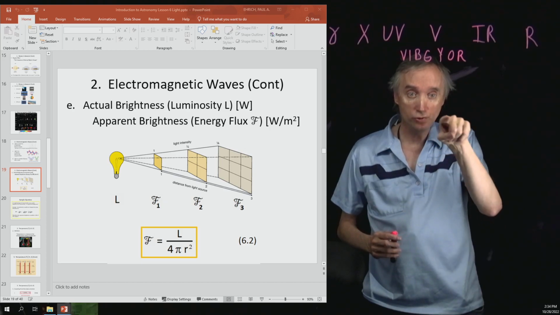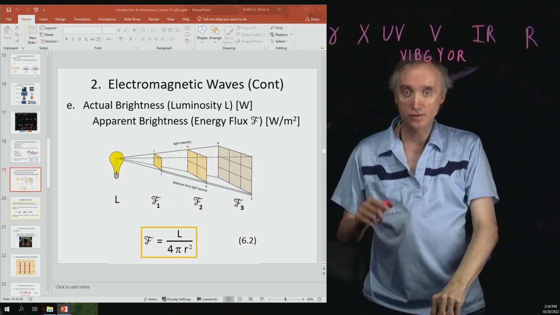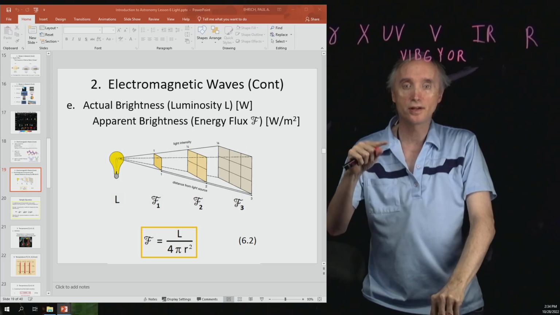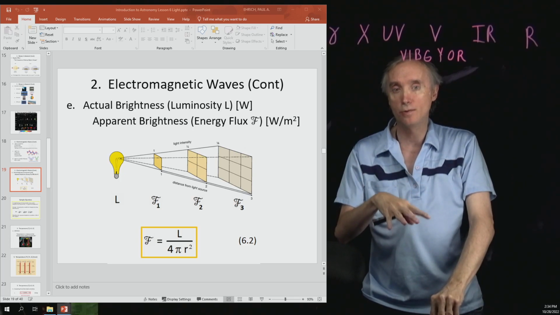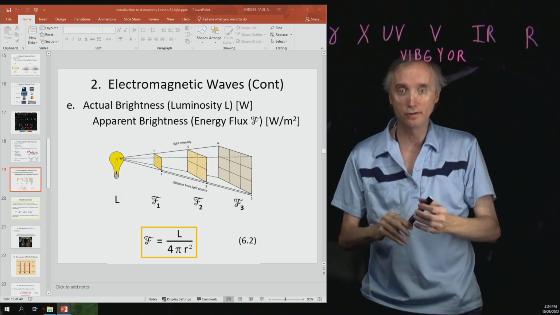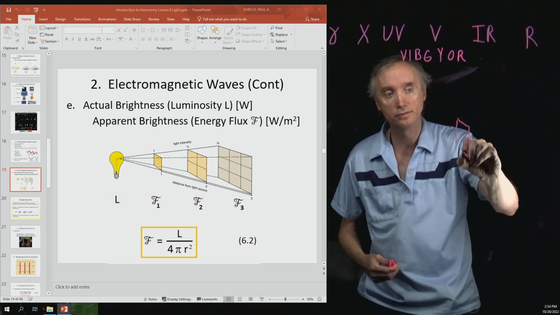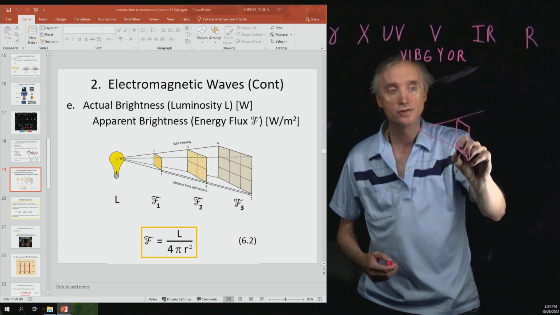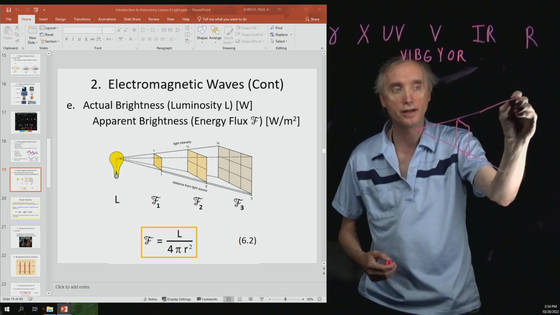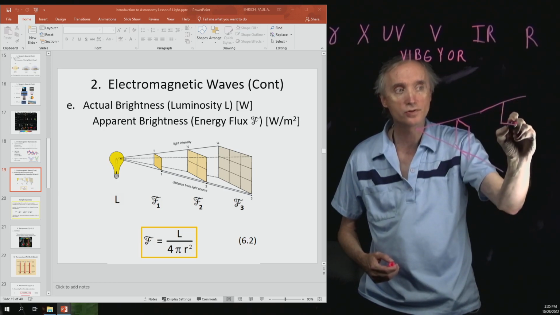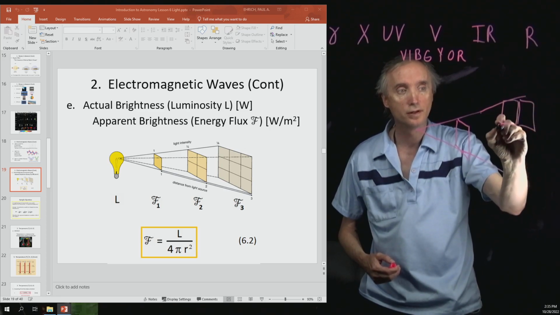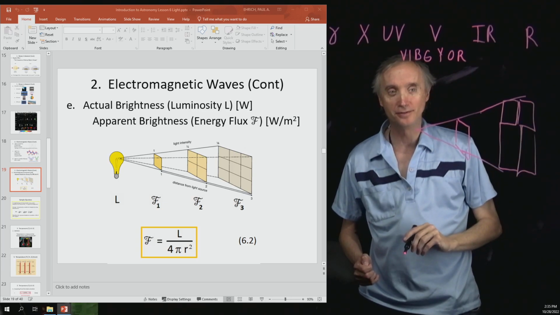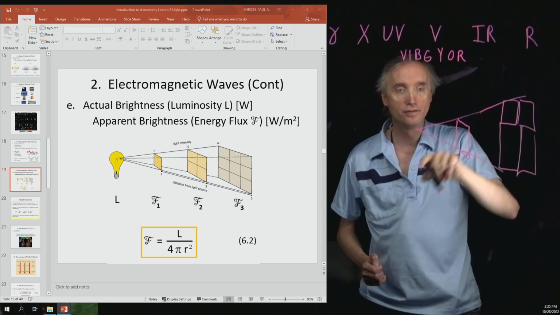Now, if we go 2 times further away from the light bulb, do you see that in order to catch all of the light that went through that original square, and it's sending out light rays like this, you're going to need to have 4 squares out here? Well, there's my 4 squares. I had to kind of exaggerate in order to do it. But now it's catching all of that light.